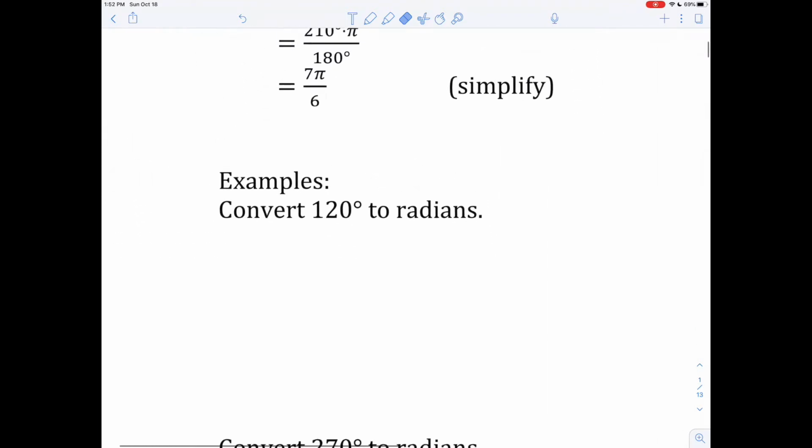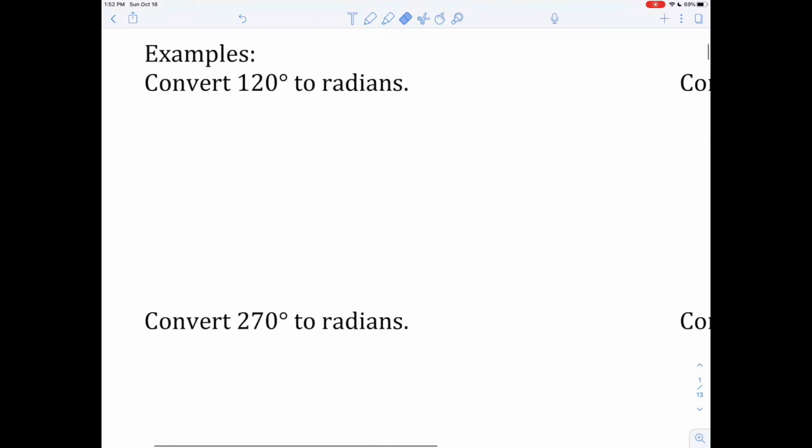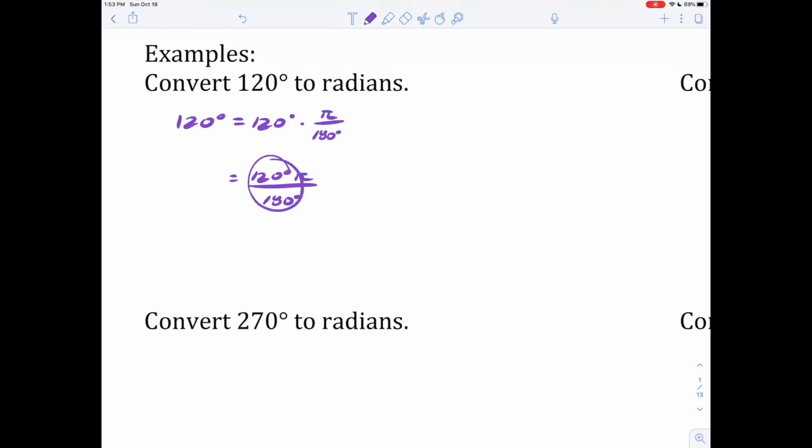So let's try some examples. We're going to convert 120 degrees to radians. Well, 120 degrees is the same as 120 degrees times pi over 180 degrees. At that point, we just need to simplify 120 over 180.